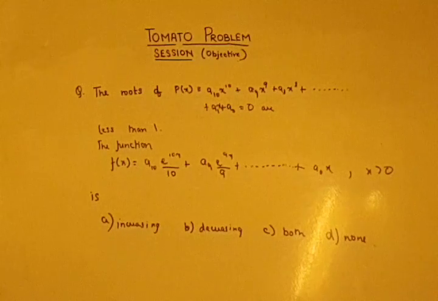So is the function f(x) equals a_n e^10x, a_9 e^9x plus a_0 x, for x greater than 0, increasing, decreasing, both or none? So I give you some time to solve this problem.